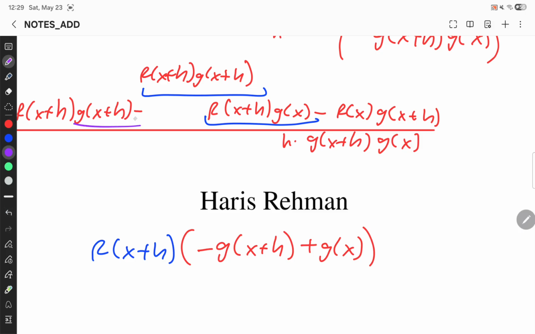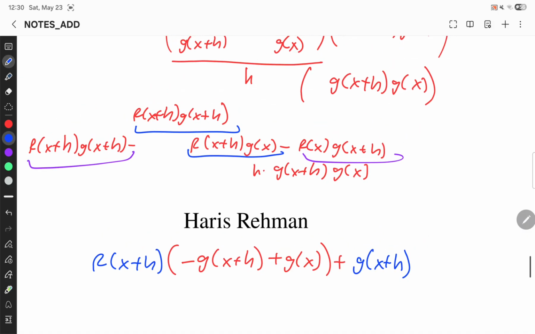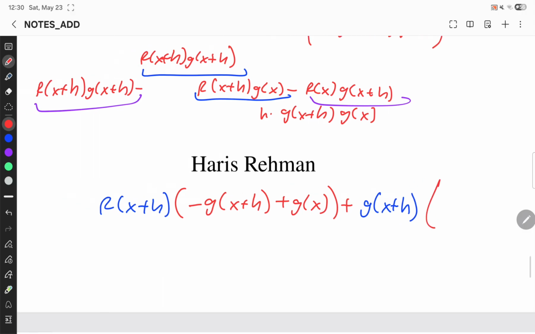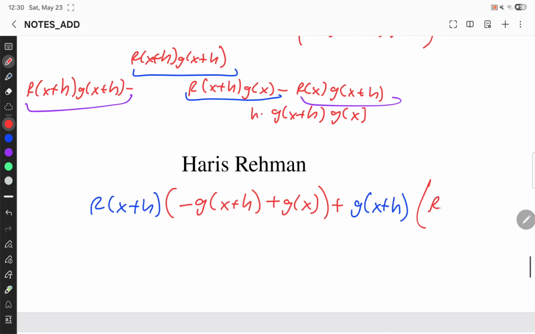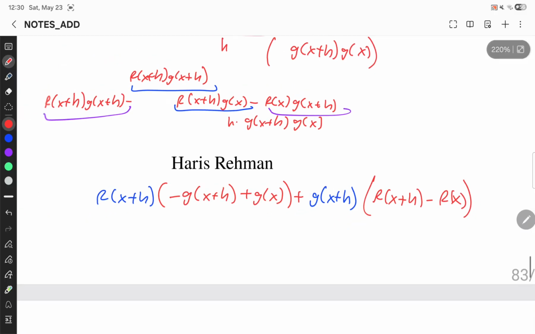I will do this with a purple, hollow purple, giving us both have g of x plus h as the common and one more thing as common, f of x plus h minus f of x. You may be wondering what I am doing here.